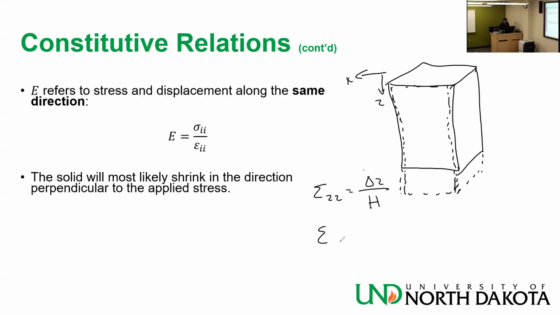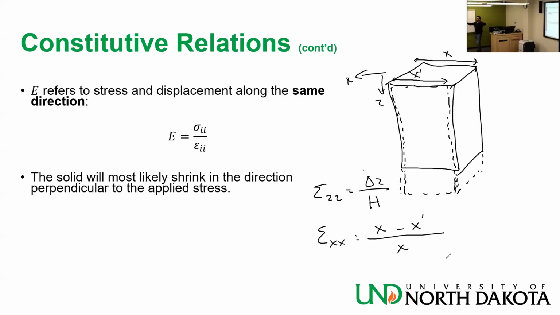I will have a new x, let's just say x prime, and the original x was x. So the strain in the x direction would be something like x minus x prime divided by x, which is also dimensionless, right?